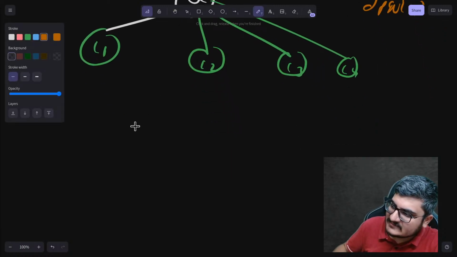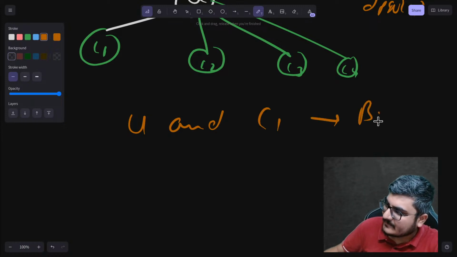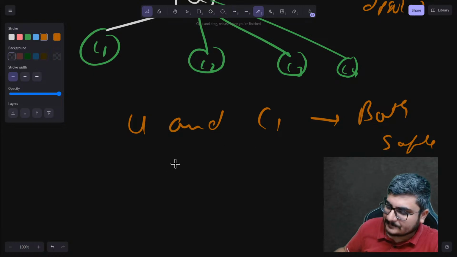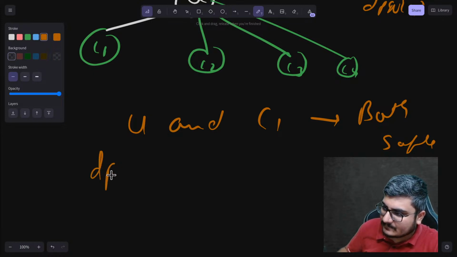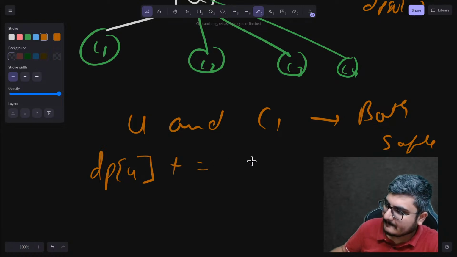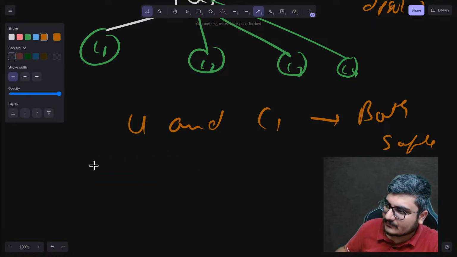Now if both U and C1 are safe havens, in this case, you will first definitely take the gold of U for DP safe.